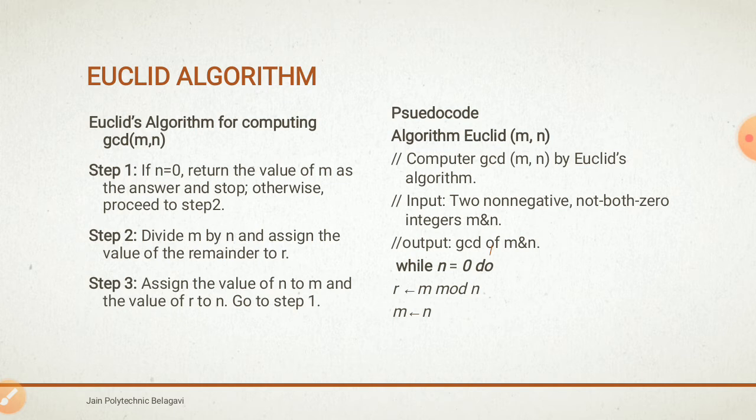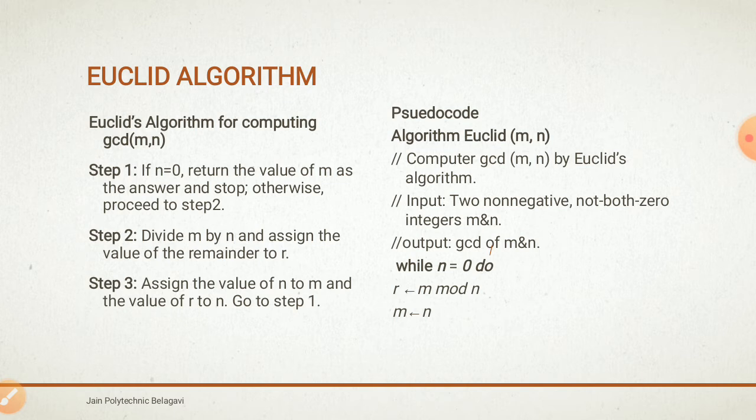Go to step 1. Again, if n equal to 0, return the value of m as the answer and stop. Otherwise, again proceed to step 2. Again do the same operation, divide m by n and assign the value of the remainder to r. Again assign the value of n to m and the value of r to n. Then go to step 1, again verify the value of n.